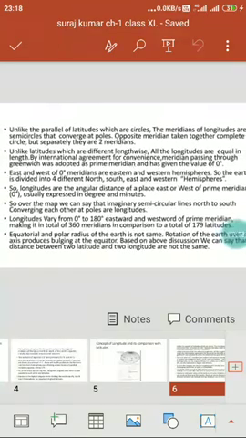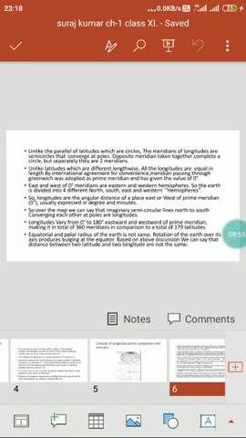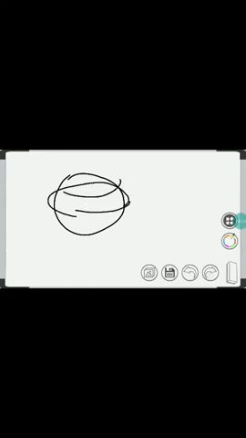So unlike the parallels of latitudes which are circles, we have seen in our earlier slide that latitudes are different circles on the surface of the earth which are parallel to each other and equidistant from each other. You can understand it this way: latitudes are different circles.